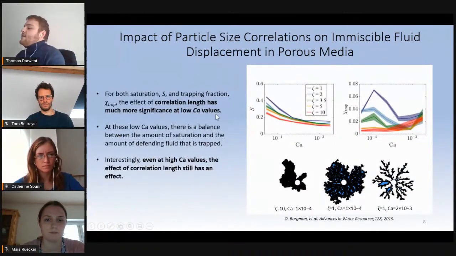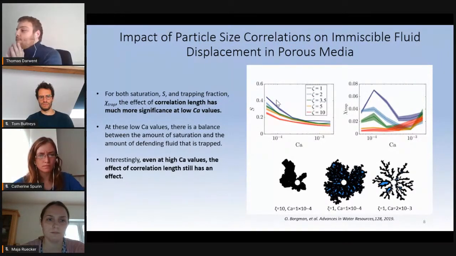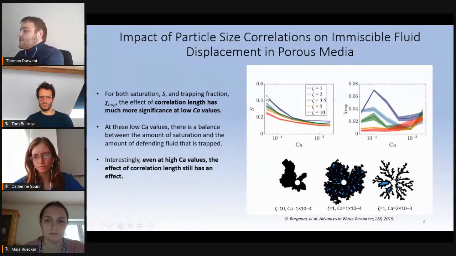What was interesting then is when we looked at the saturation, or the amount of invaded area, and the trapped fraction, so how much defending fluid was left behind compared to the invaded area. The correlation length seems to have a significant effect at the low capillary regime, as you can see here. At low correlation length, you get a lot more saturation. As you increase that correlation length, the amount of saturation decreases.